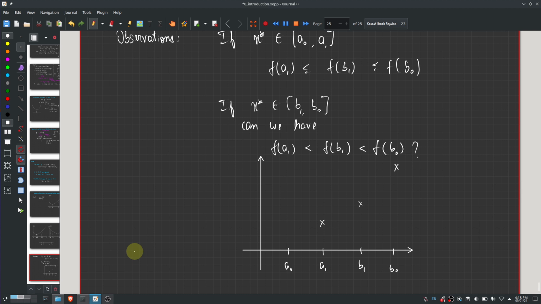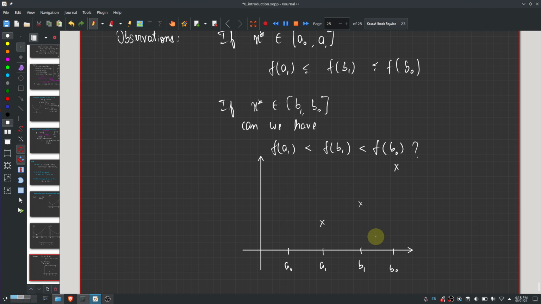Why? A1 can be a point of... that's okay. Sorry, can it lie strictly between B1 and B0? Individually true, but not together.